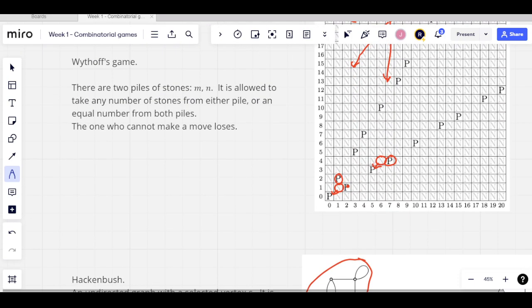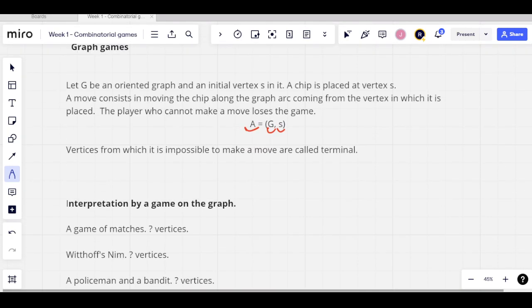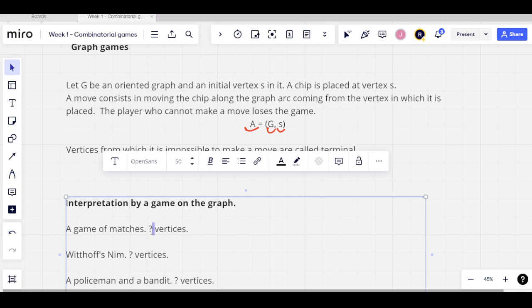So in this case we have n vertices. In this game, how many vertices do we have? We have an initial vertex. Okay, I hear you.